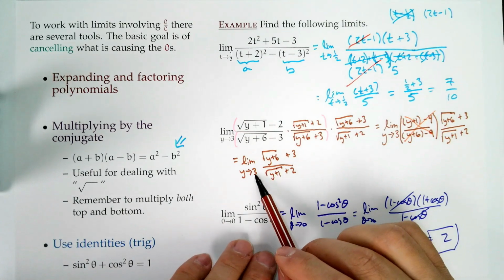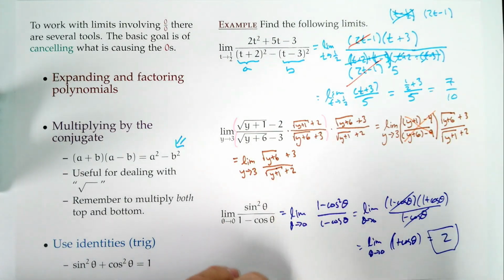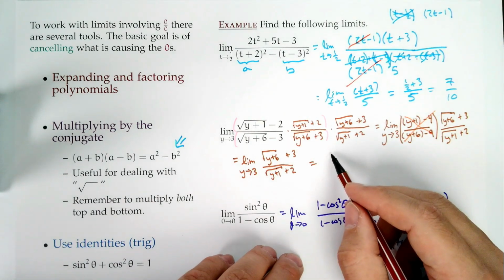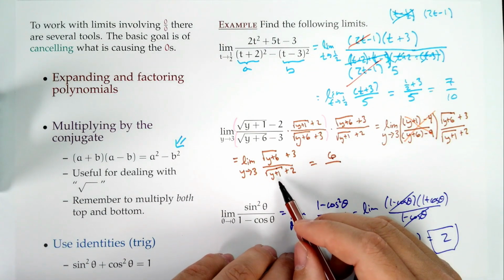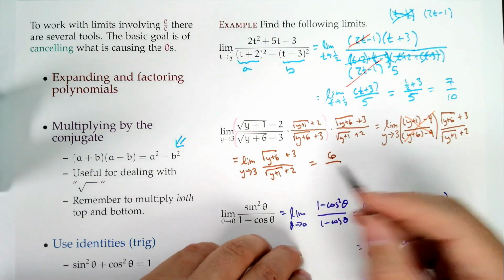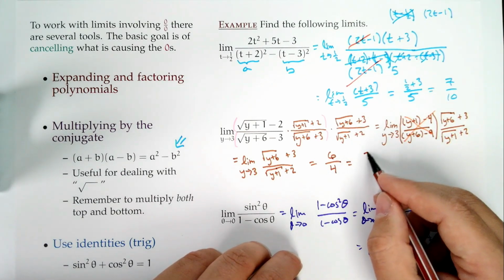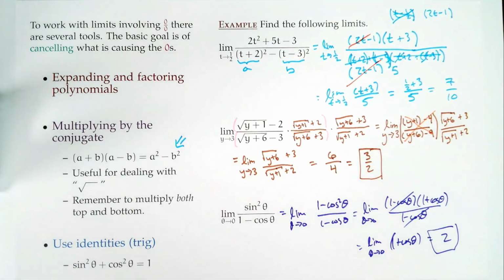Well, when we plug in 3, 3 plus 6 is 9, square root of 9 is 3, and then plus 3 more, which means the top is going to 6. Downstairs, square root of 3 plus 1, square root of 4, plus 2 makes 4. So 6/4 or 3/2. All right, and there you go.